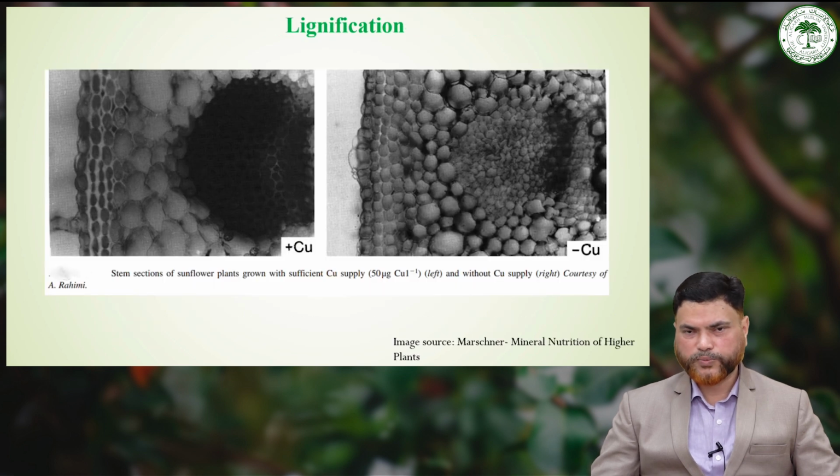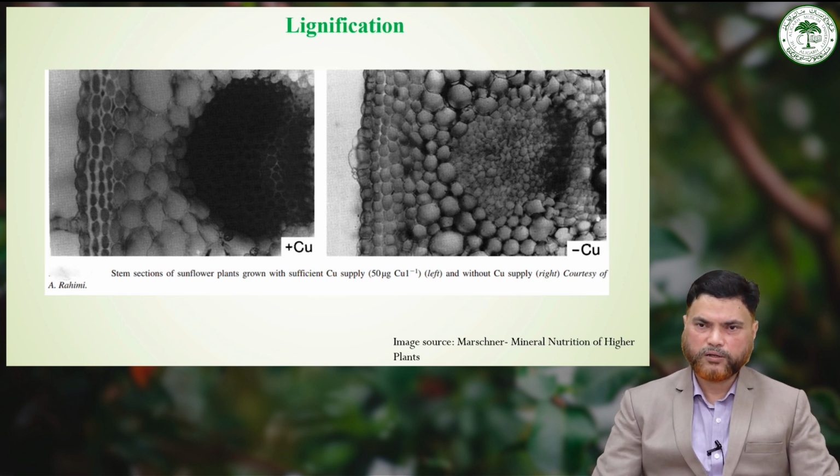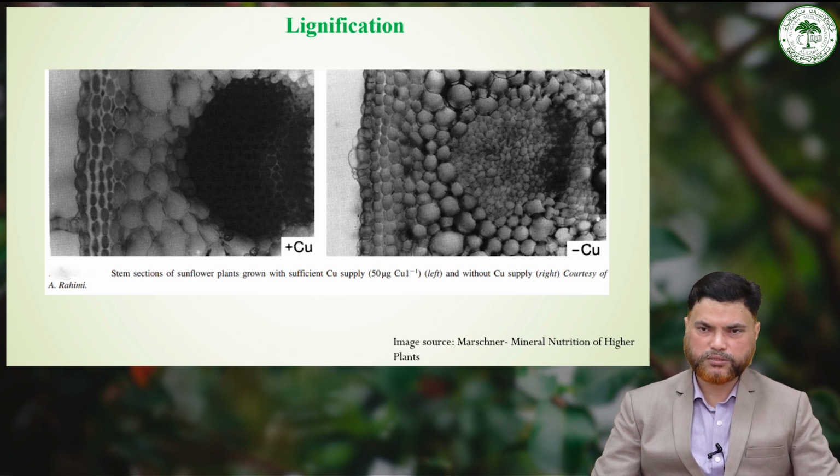Now, another aspect affected by copper: copper deficiency leads to impaired lignification of the cell wall, and this is a very common anatomical change noticed in higher plants induced by copper deficiency. This leads to various kinds of deformities in young leaves and to bending and twisting of stems and branches.